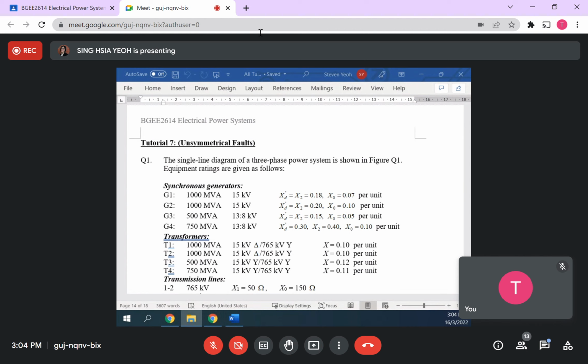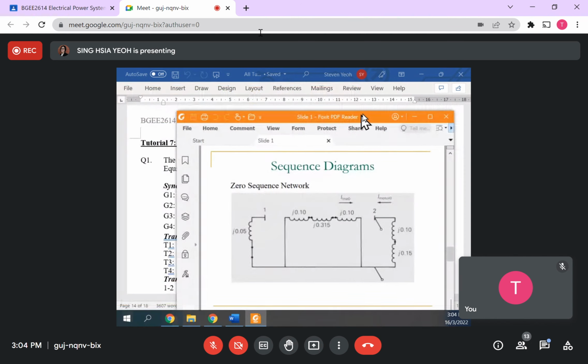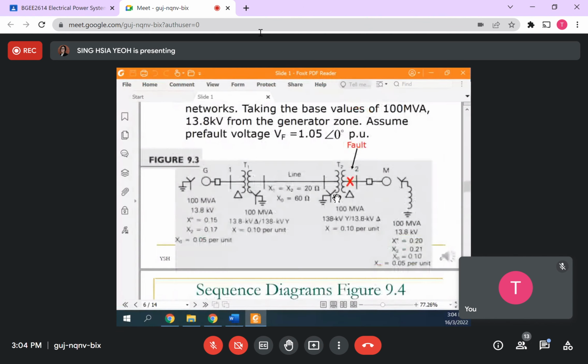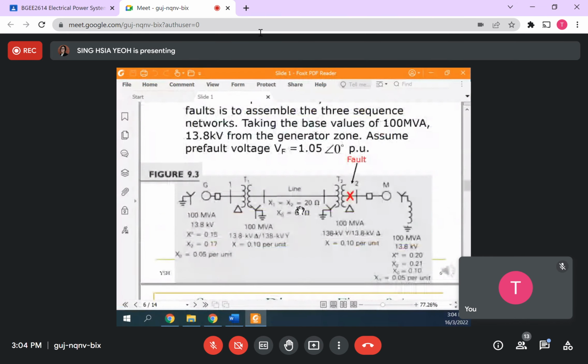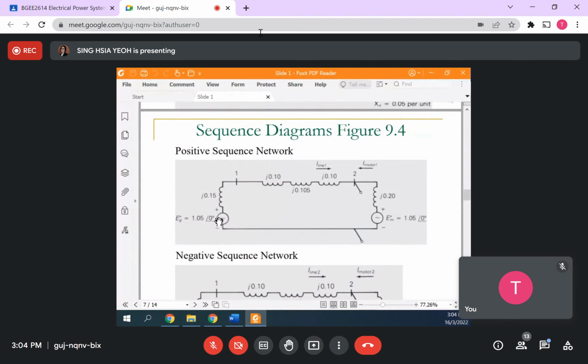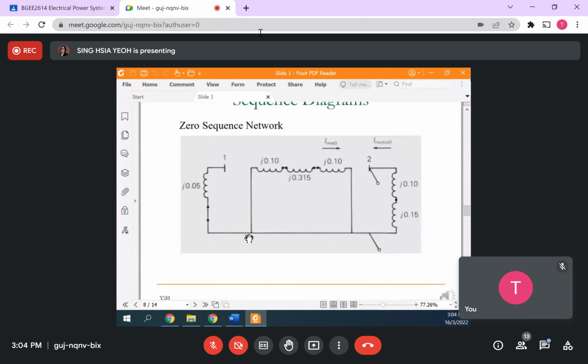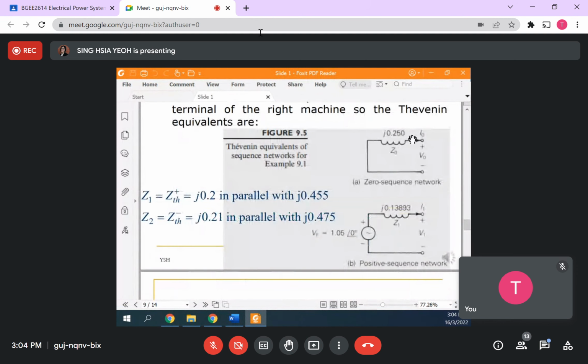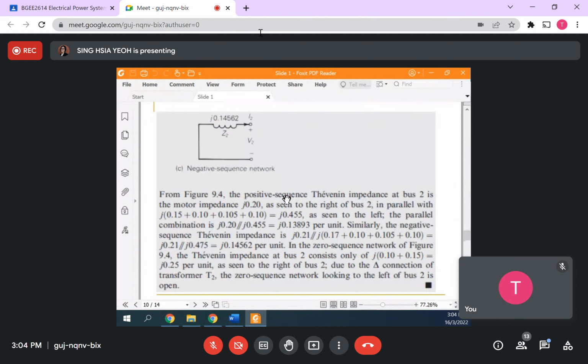Let me open the lecture notes. From the questions, you need to find out the impedance diagram for positive sequence, negative sequence, and zero sequence. Then you have these Z0, Z1, and Z2 values.